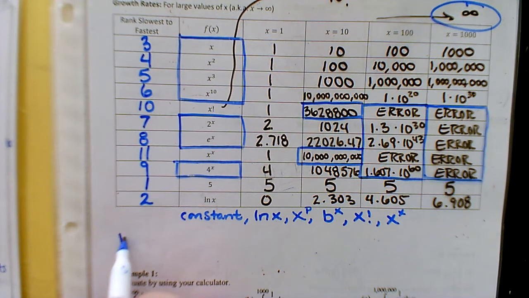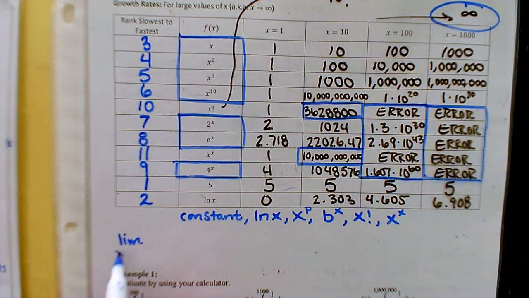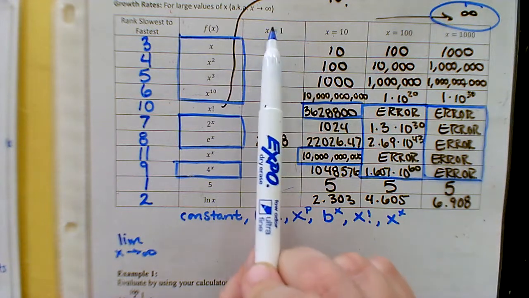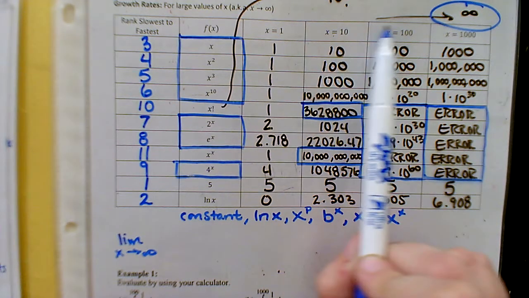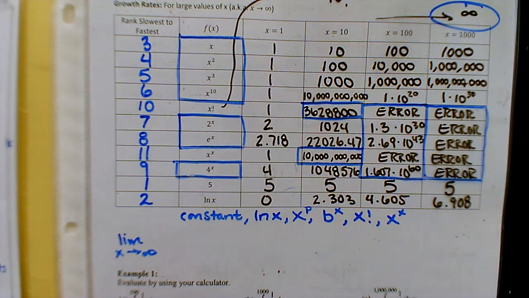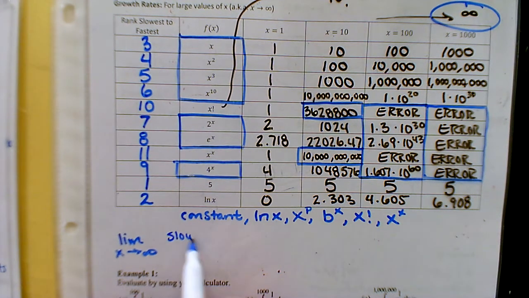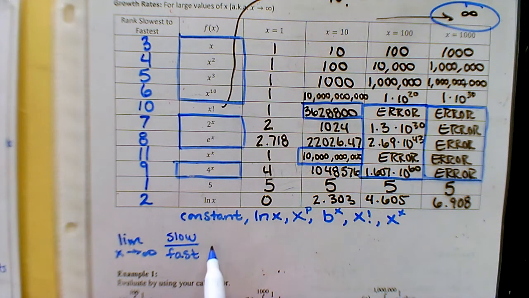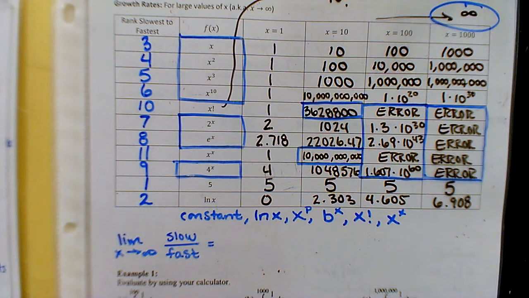So let's go back to limits just for a second. Based off of this table, if the x's were to approach infinity, as the x's get larger and larger, what if you were comparing a slow growing function to a fast growing function, in terms of division, like a ratio?